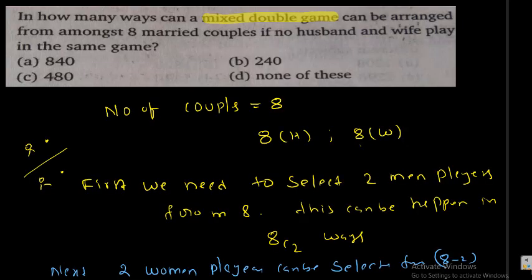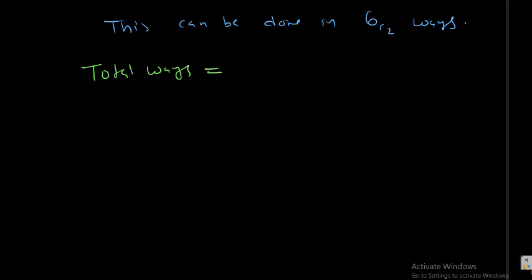This can be done in 6C2 ways. Now I want to write total ways. That is equal to 8C2 into 6C2. So students, total ways is 8C2 into 6C2.